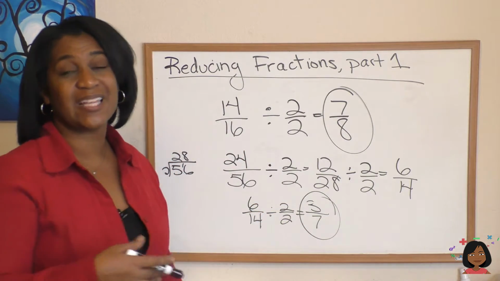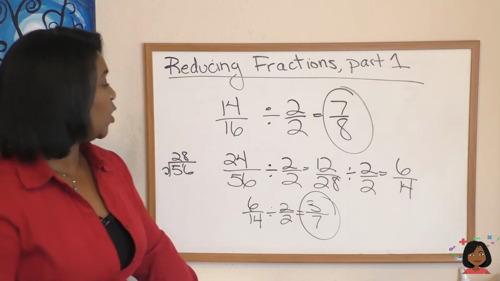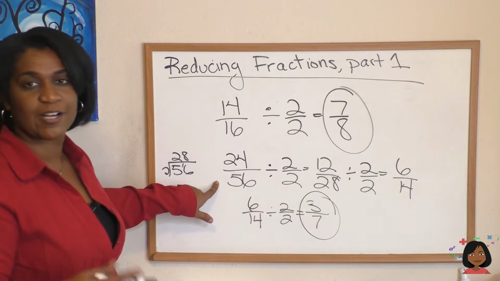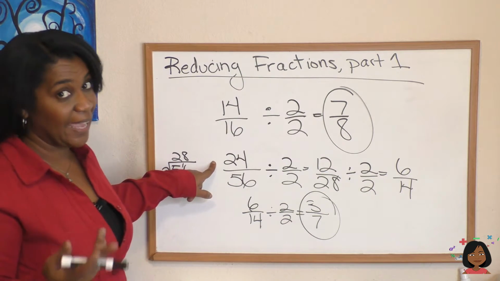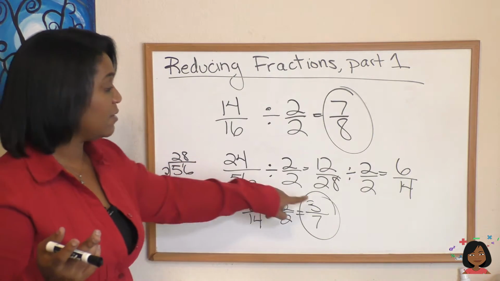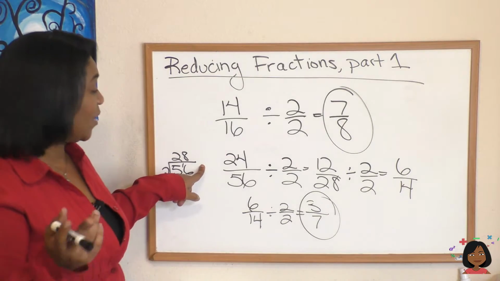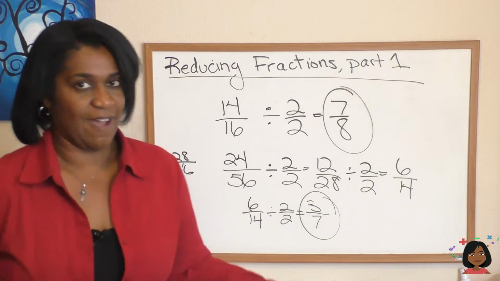Now, what I just did, was it wrong? No, but it took a little longer. So you always want to try to look for the number that goes into both of these, the biggest number. So if I had started with 8, right? We know 8 times 3 is 24. We also know 8 times 7 is 56. I just would have gotten there faster.